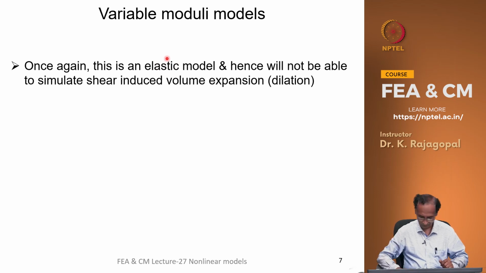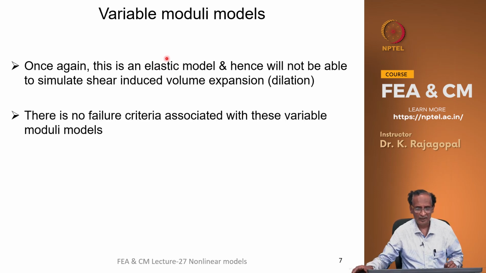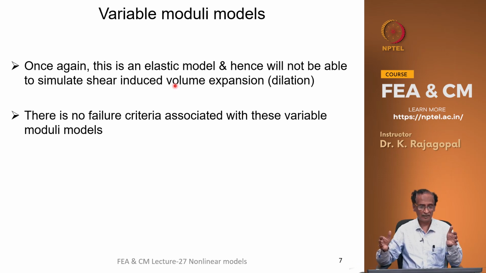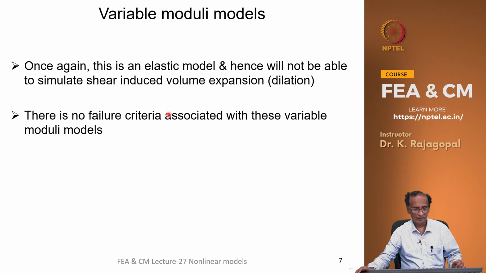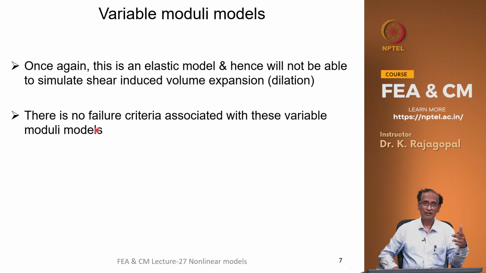And that is when other models started coming in. These variable moduli models are elastic models, and hence they will not be able to simulate shear induced volume expansion, that is dilation, and there is no failure criterion associated with them. There is no failure criterion like what we had seen in the case of bilinear elastic models.